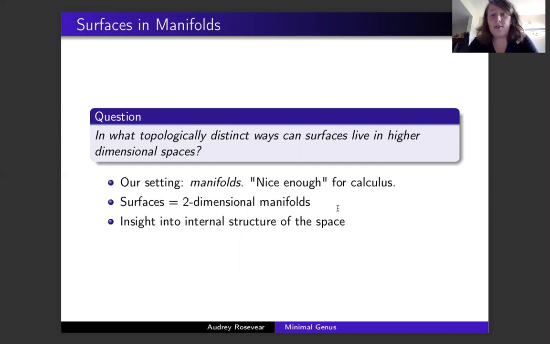For example, surfaces are two-dimensional manifolds, and we're still considering them up to stretching and squishing. And solving this problem will help give us some insight into the internal structure of our space and also help distinguish manifolds that in other ways seem topologically similar.